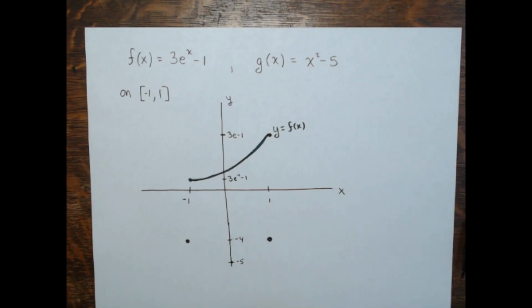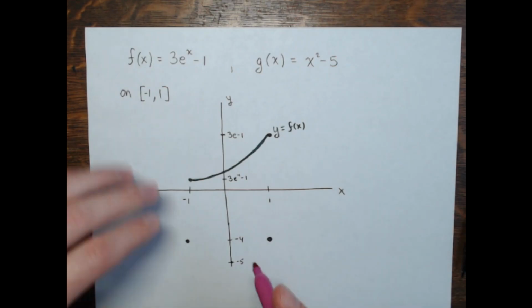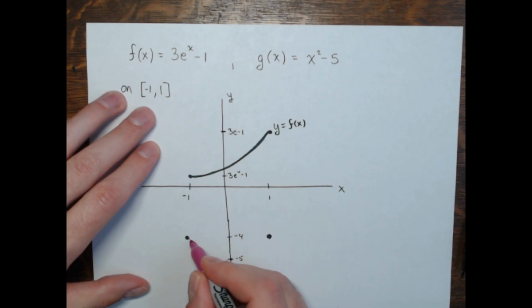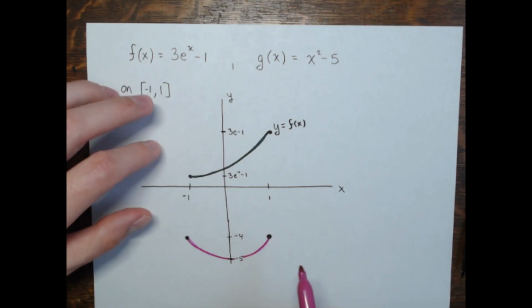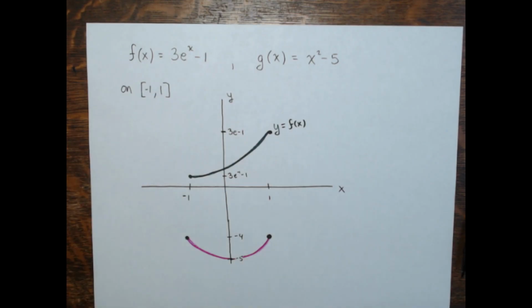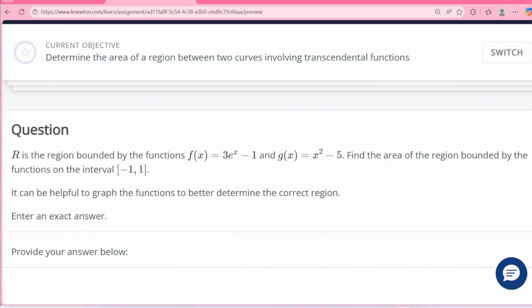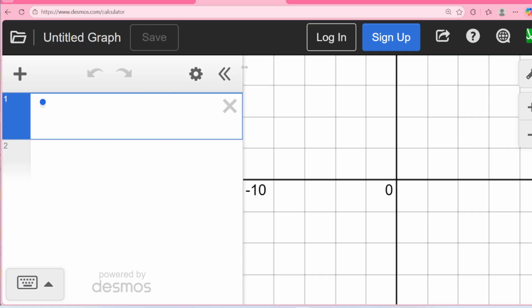This is part of a parabola that's opening up. So here's this graph here. So clearly these don't meet. And you can verify that, and again we'll go to Desmos just to get a better picture, but clearly these do not intersect each other on this interval.